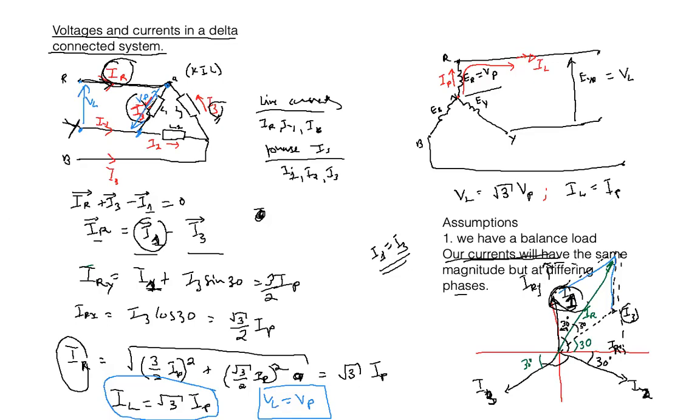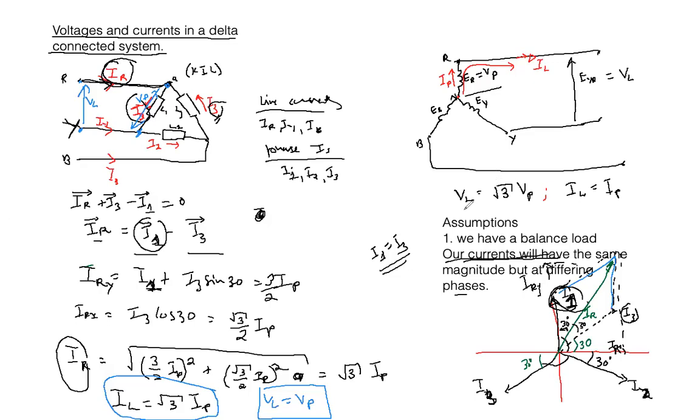So if you want to find the phase current, you divide the line current by root 3. Simple. Every time, the line quantity is equal to root 3 times the phase quantity.